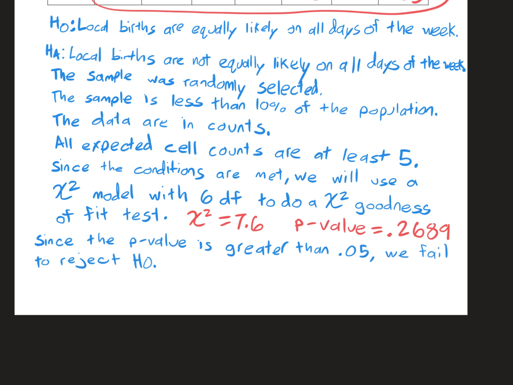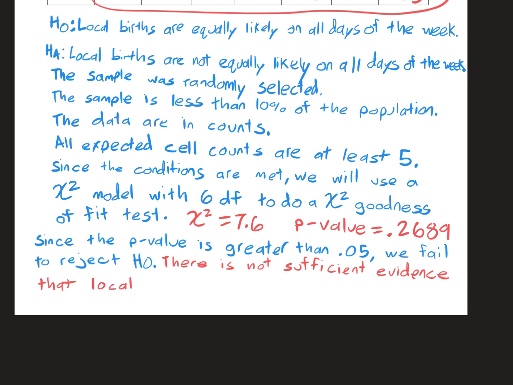When you reject, there is evidence of HA. When you fail to reject, there is not evidence of HA. So we conclude there is not sufficient evidence that, and then we have to state HA, but in context.